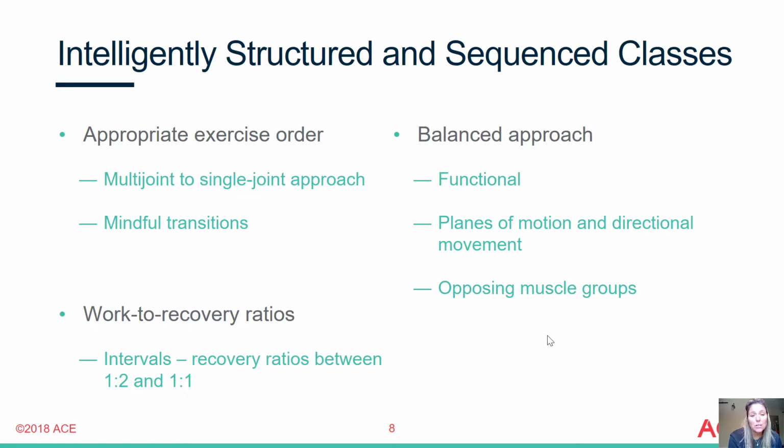Or sometimes if the work intervals are very, very intense, allowing a longer rest period is better. So a 1-to-2 ratio would be something like 30 seconds of work followed by a minute of rest, or maybe a minute of lower intensity types of exercises.